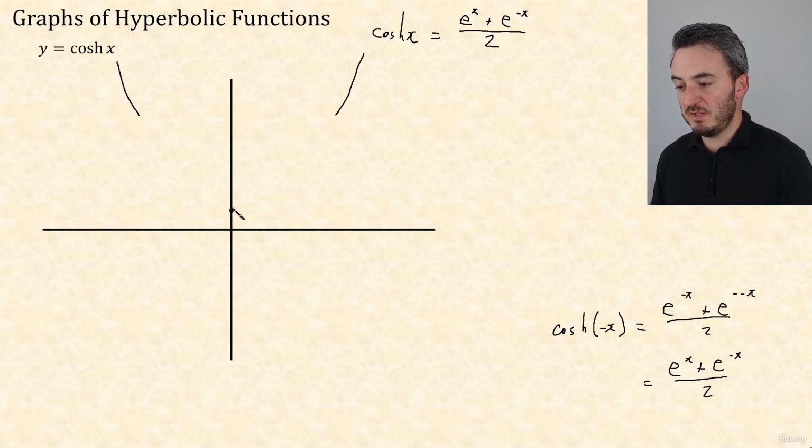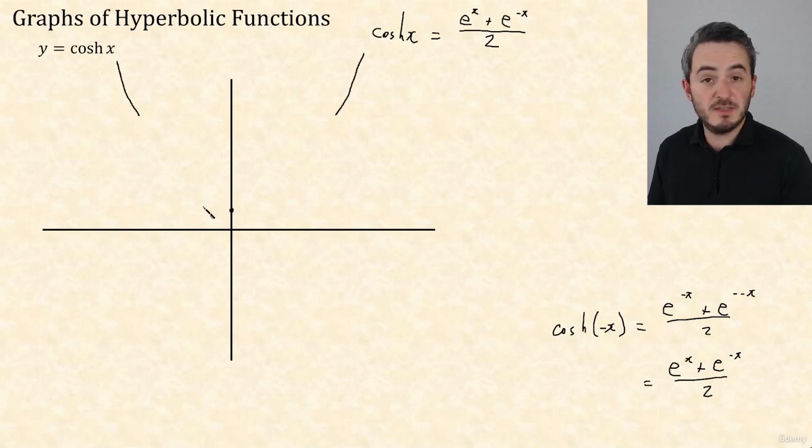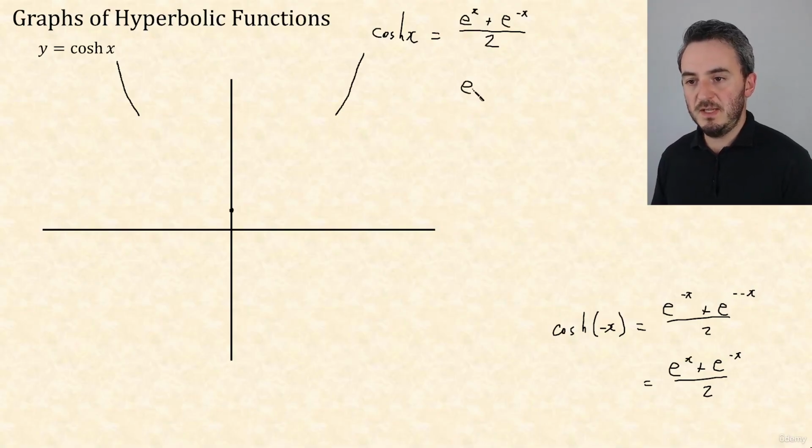The only question is, are there stationary points, and if so, where are they? There must be a stationary point because we're going down here and we're going up here. So we could differentiate this, and we get e to the x minus e to the minus x, over 2.